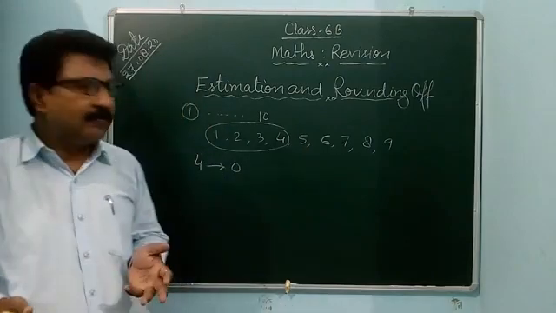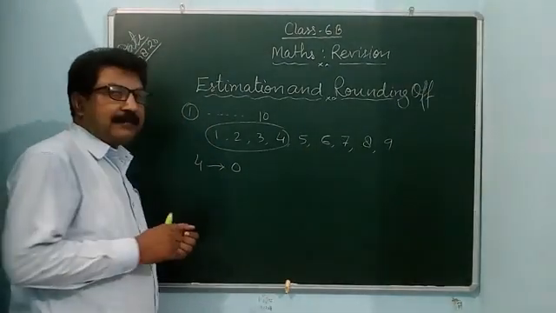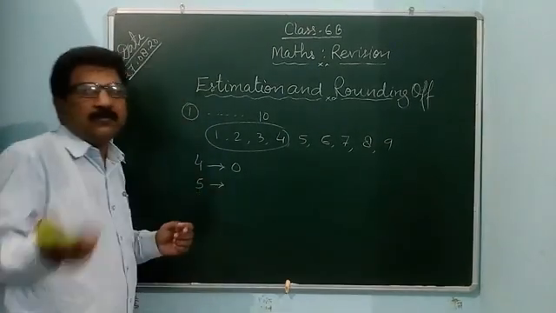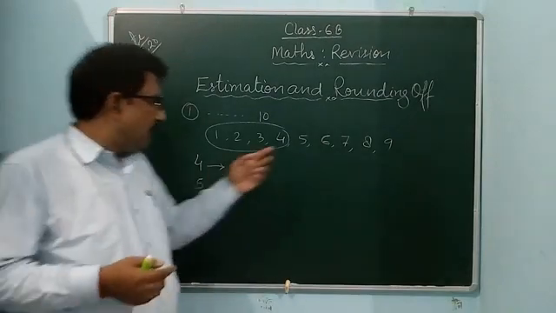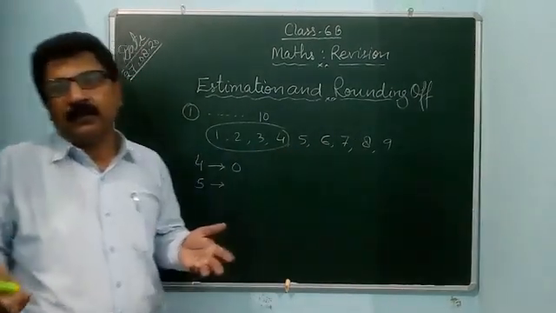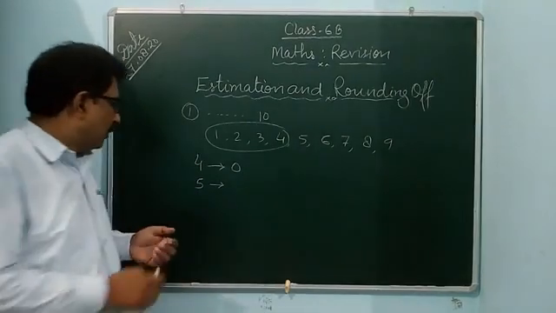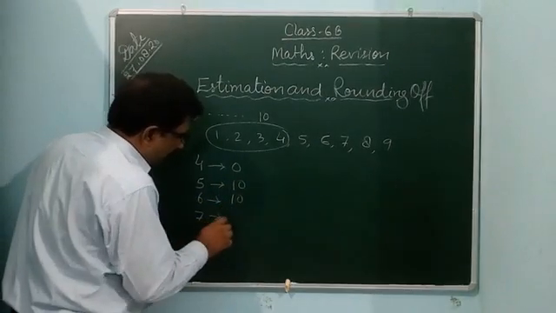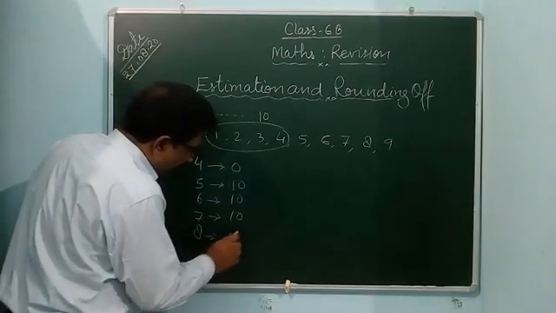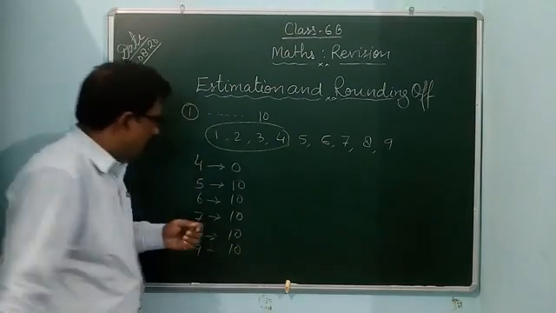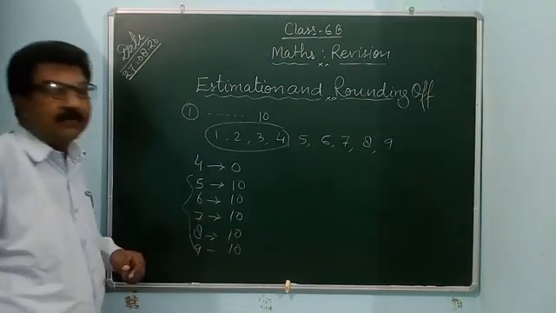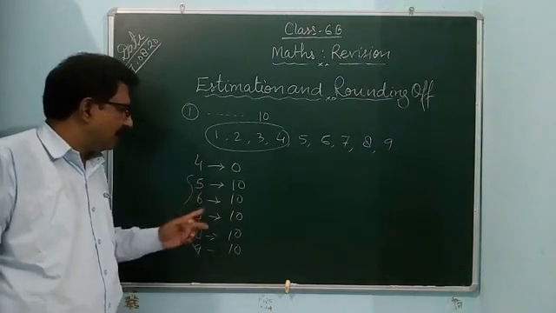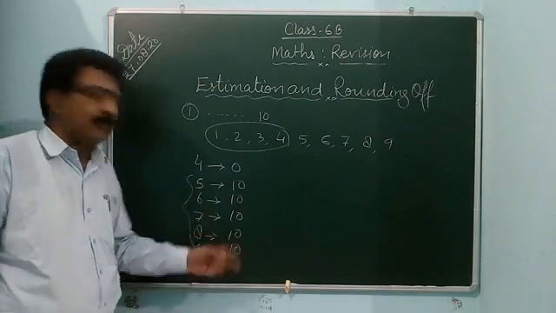If we are estimating a number as tens, and the number is equal to 5 or more than 5, you can estimate it up to 10. 5 you can write 10, 6 also 10, 7 also 10, 8 also 10, 9 also 10.